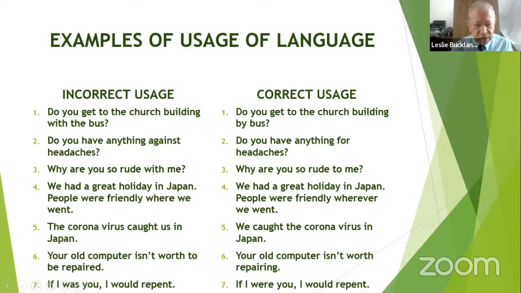And even though were is part of the grammatical conjugation of the verb to be in the past tense, in normal usage, we use the word were to refer to contrary to fact conditions rather than the word was. Yes, go ahead, Brother Solon.